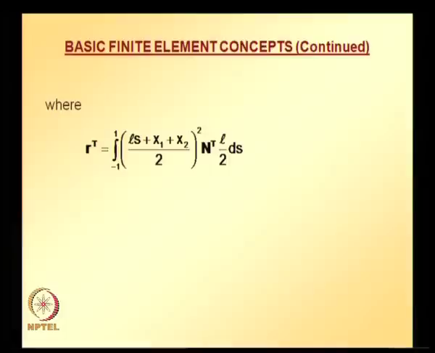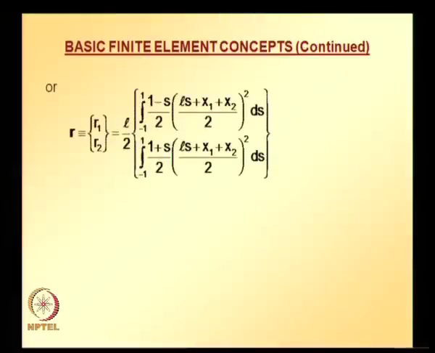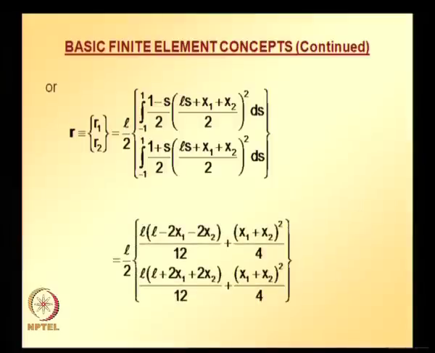And you can simplify this R further by substituting what n is, n is nothing but the vector of shape functions. Now, everything inside the integral is a function of s, so you can do the integration, and that results in R equal to this.